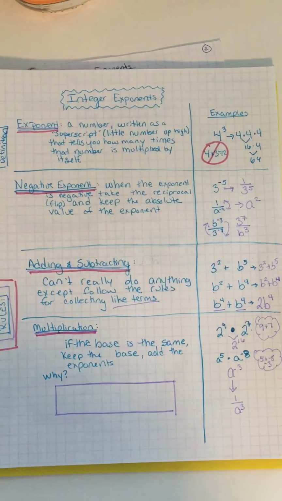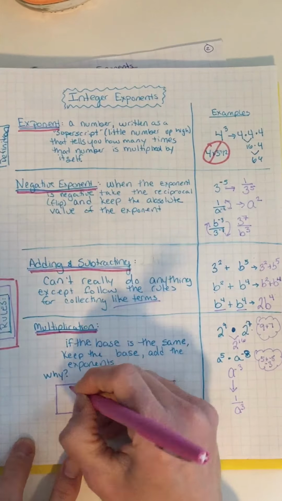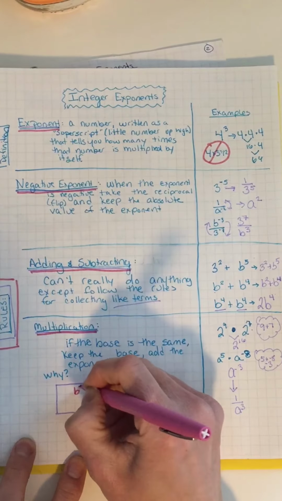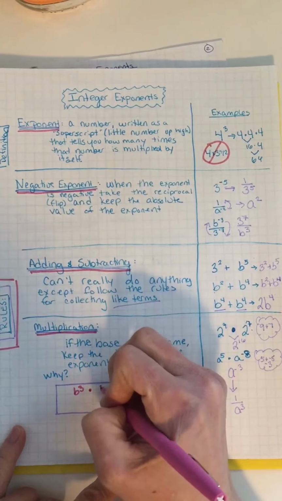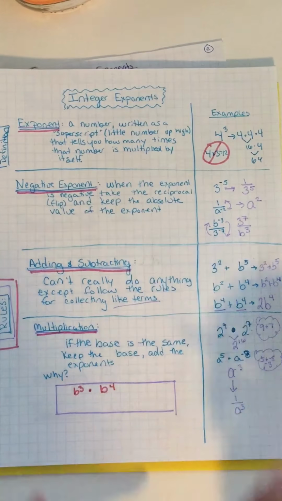Now, why does that work? Let's take a look at b to the 3rd power times b to the 4th power.